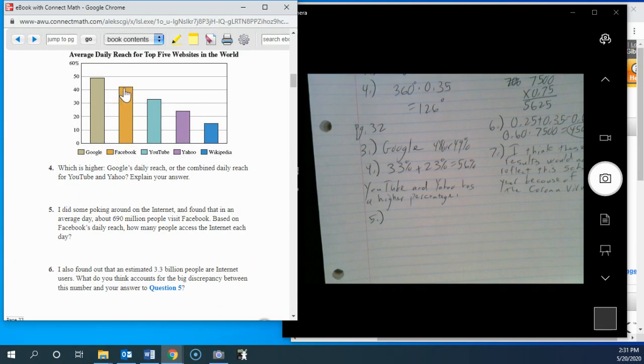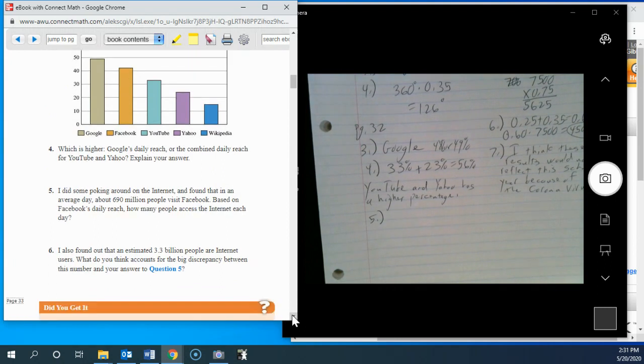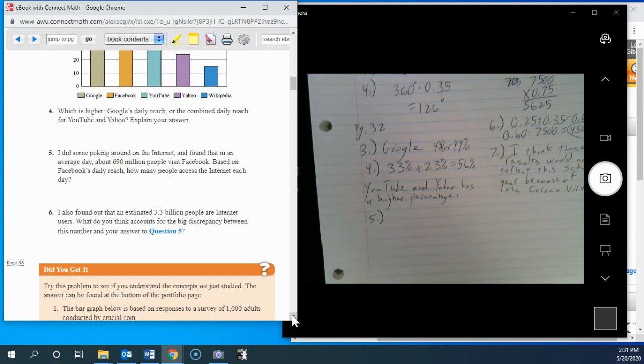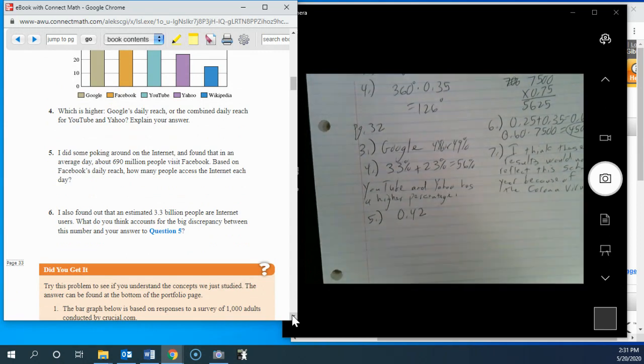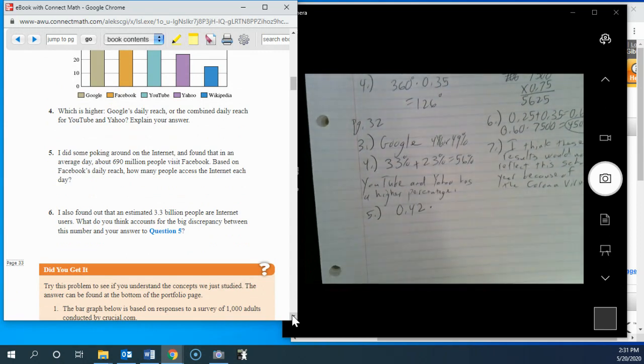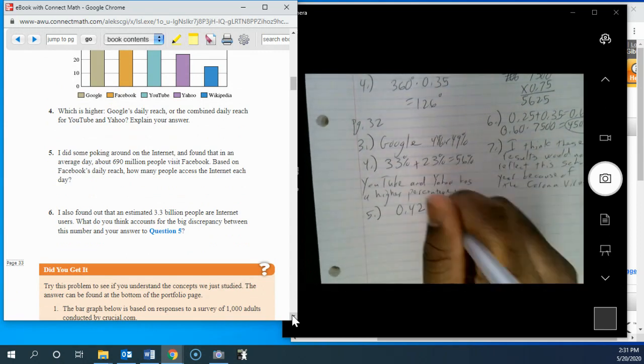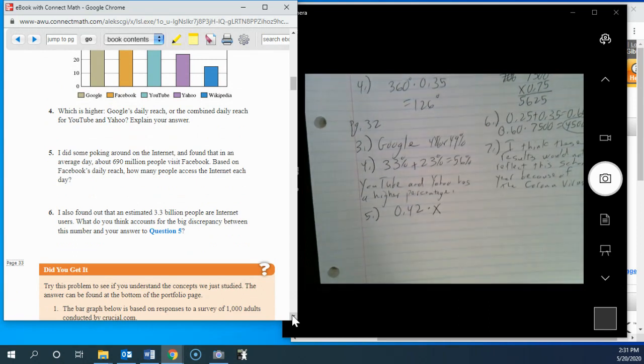Facebook looks to be about 42%. So basically, we would take 42%, which is Facebook, times the total internet. What they ask you is how many people access the internet each day.